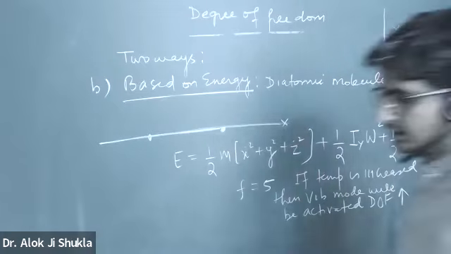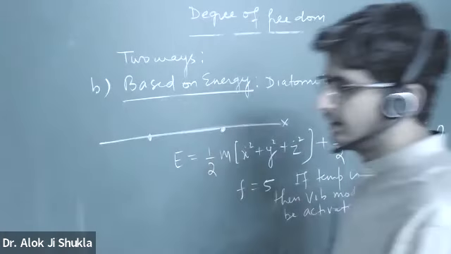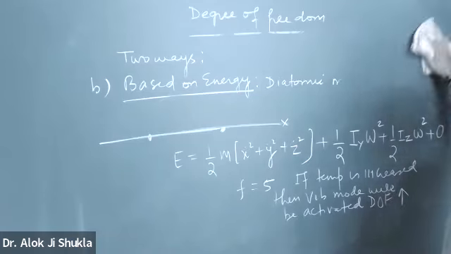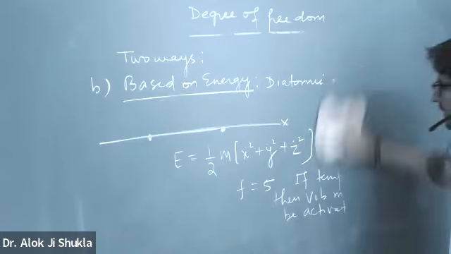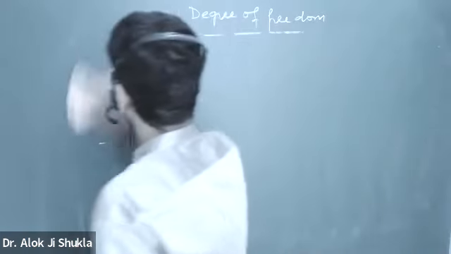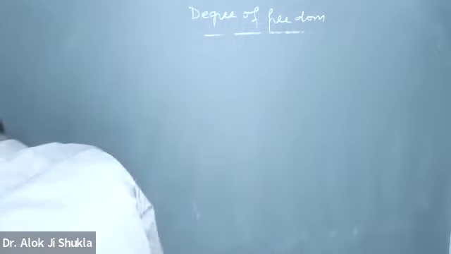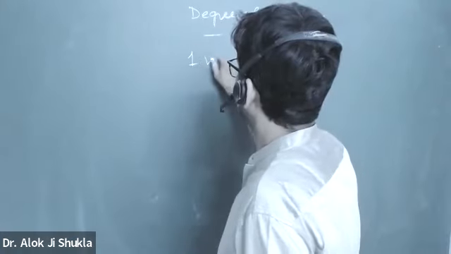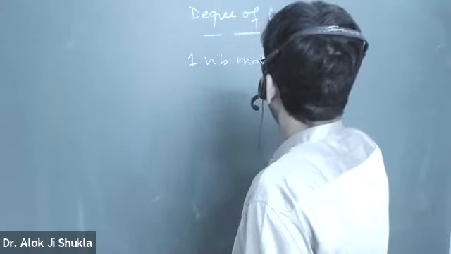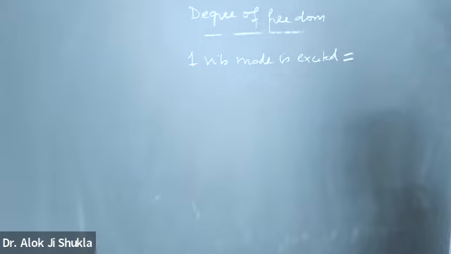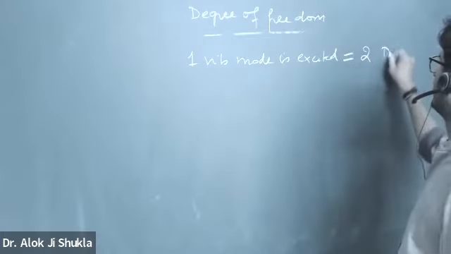So I should define the degree of freedom in a general way so that for any molecule, if all vibrational modes are excited, we can write the degree of freedom. And if in the question it is given that one vibrational mode is excited, that corresponds to 2 degrees of freedom.